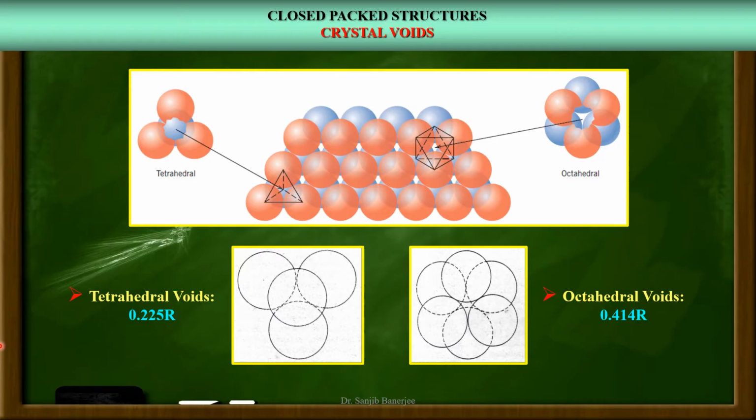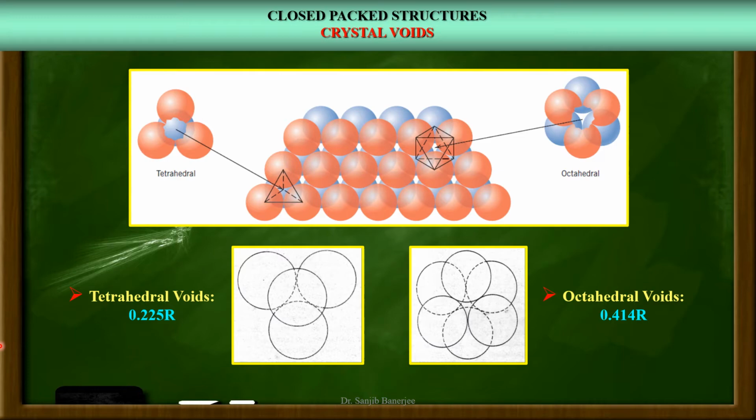Now, since the atoms are approximated to spheres, there will always be some empty spaces inside the crystal structures which cannot be occupied by the spherical atoms. These empty spaces in crystal structures are called crystal voids.